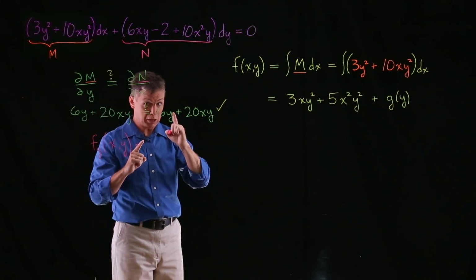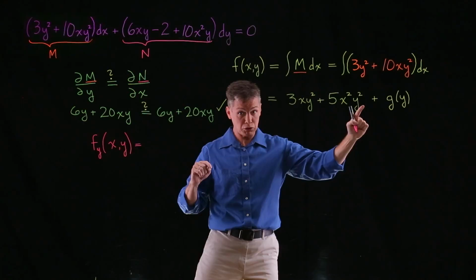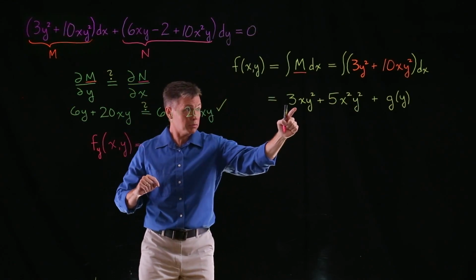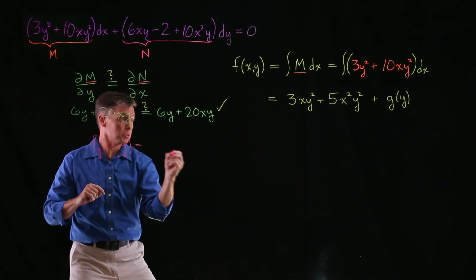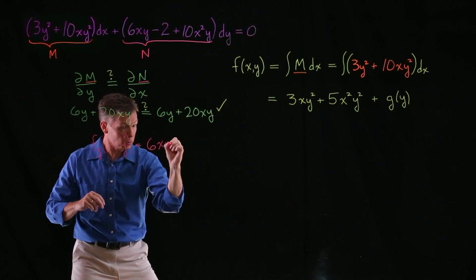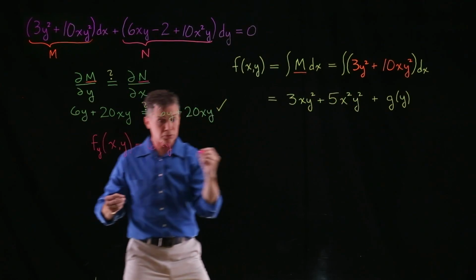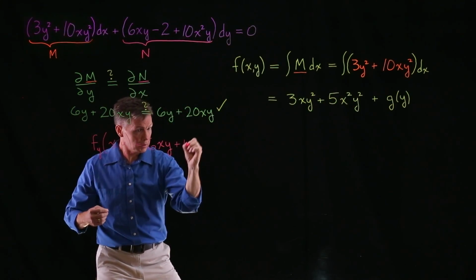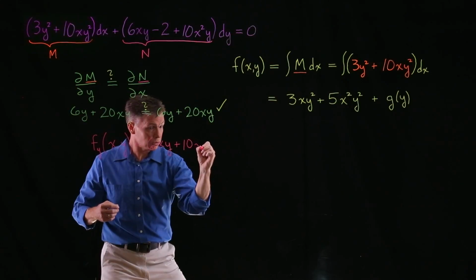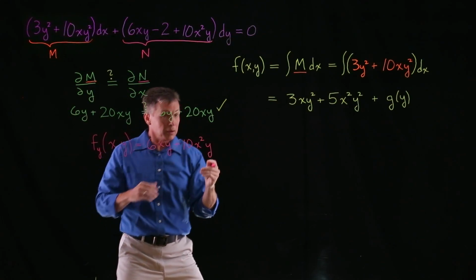And so what you want to keep an eye on is I'm going to differentiate this with respect to y. So the derivative of that first term looks like 6xy to the 1 power. Second term, the 2 would come in front, plus 10x squared, and y drops down a power.